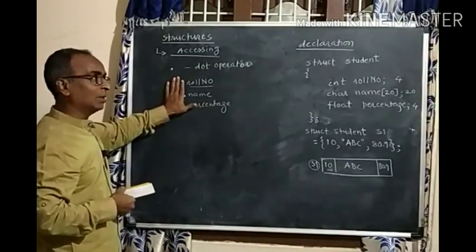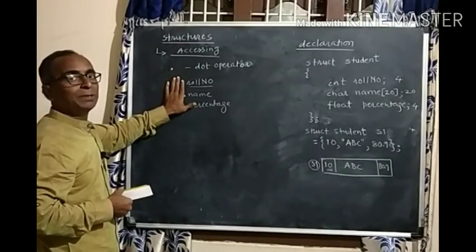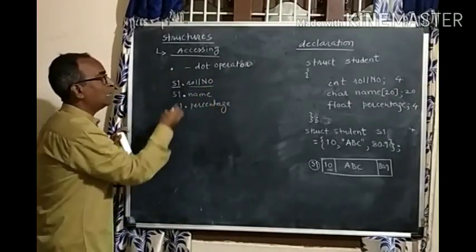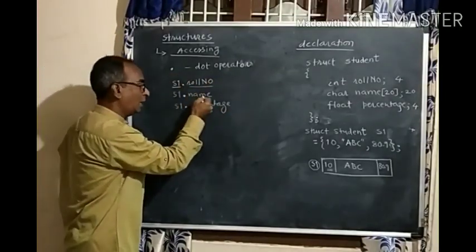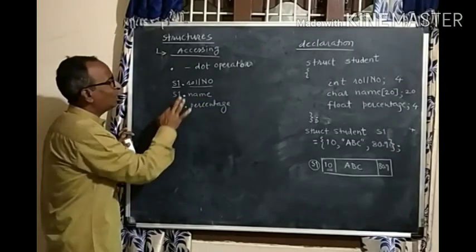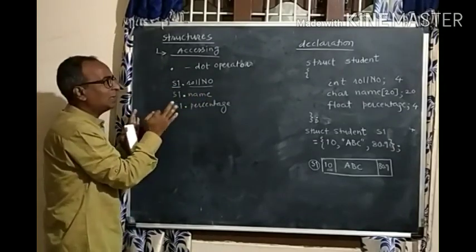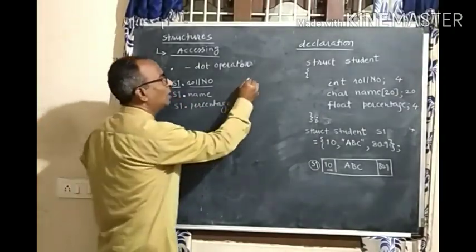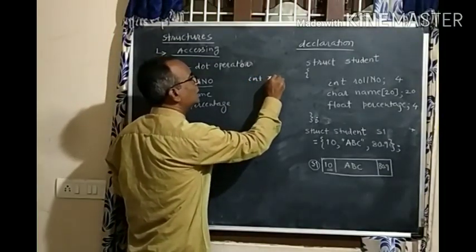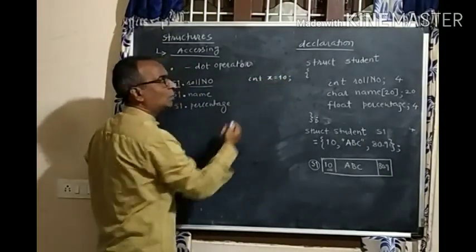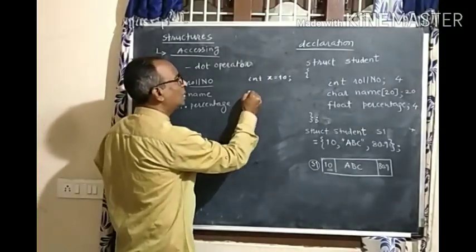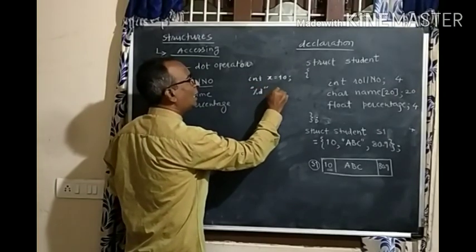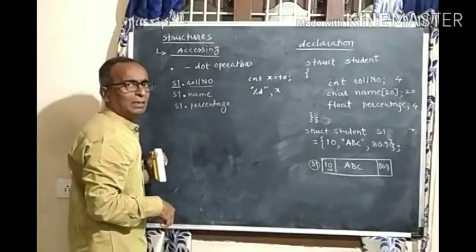Just writing roll number won't be sufficient, because whose roll number? Because we are storing in a structure. So S1's roll number, S1's name, S1's percentage. Consider this as whatever normal variables you have used till now. If suppose integer x is given 10 and you want to print this x value, what might you have done? printf %d and x, right?